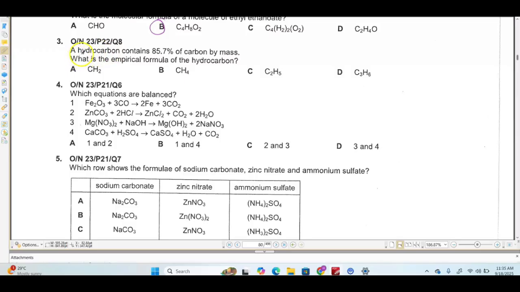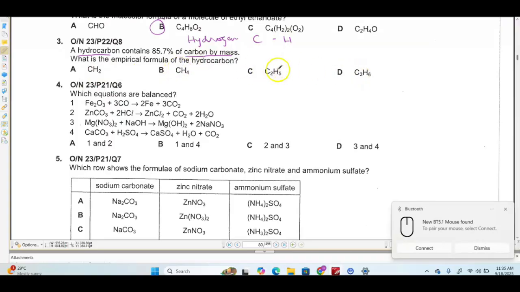They've been telling us that a hydrocarbon contains 85.7% of carbon by mass. So a hydrocarbon, as the name suggests, has 2 elements in it. One has to be carbon and one has to be hydrogen. If you see the options given as answers, there is carbon and hydrogen.